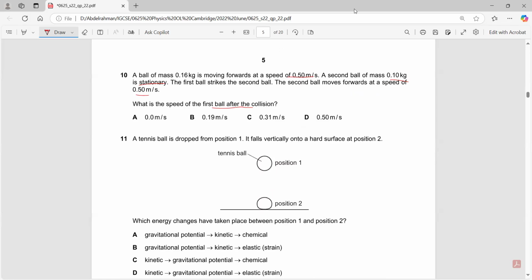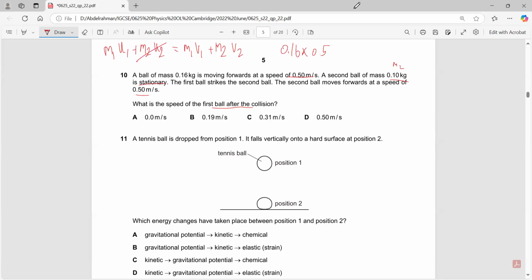So basically, you need to use the equation m1 u1 plus m2 u2 equals m1 v1 plus m2 v2. The first ball, m1 is 0.16, times the speed, 0.5, plus m2 u2. The second ball's mass is 0.10 and it's stationary, so u2 is 0.